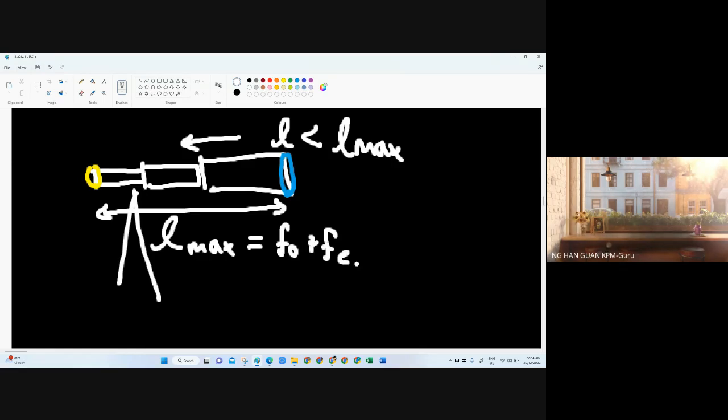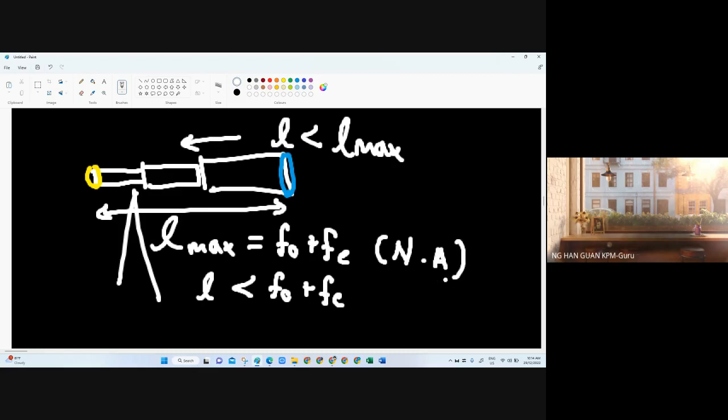When we pull it back shorter, the length must be less than FO plus FE. So there are only two possibilities for the telescope. Either it is at the max, equal, and this one we call normal adjustment. Remember the name? Normal adjustment.